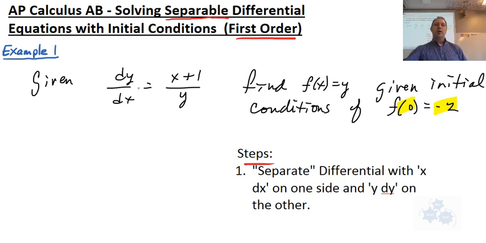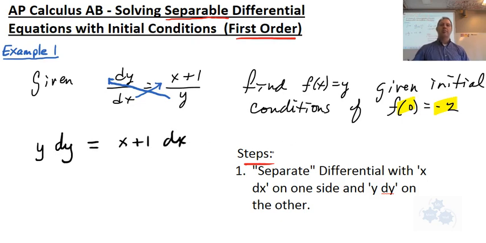We multiply both sides by dx and multiply both sides by y, and we get y dy equals x plus 1 dx. It's like cross multiplying. There are no x's on this side with the y's, and no y's over here with the x stuff. We're separating them. That's step one. Everybody got that?